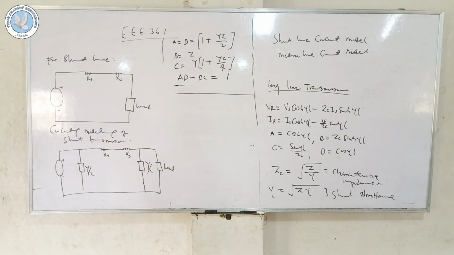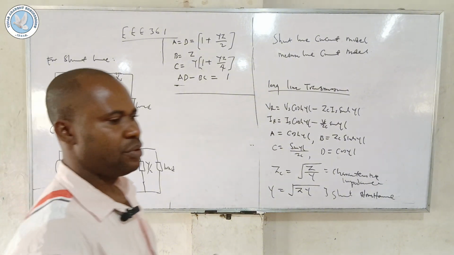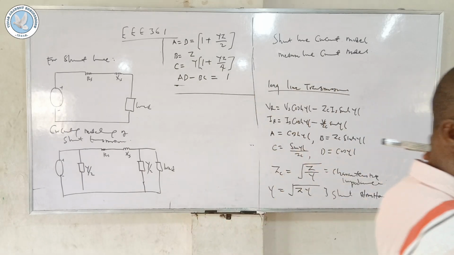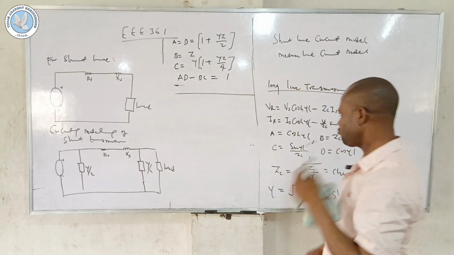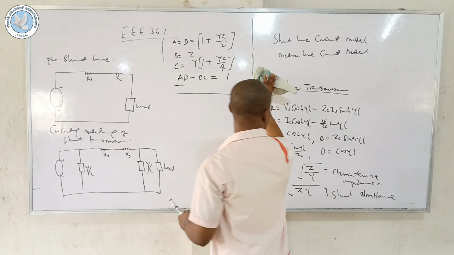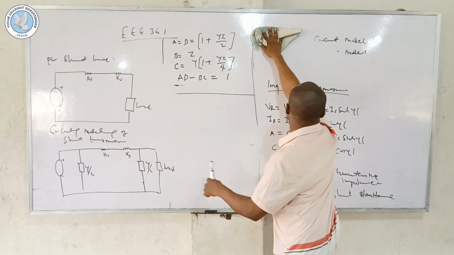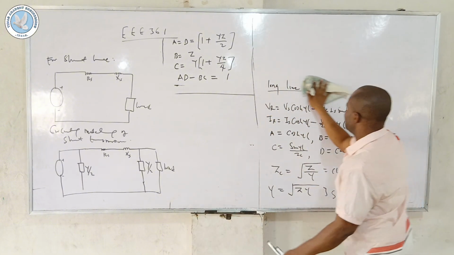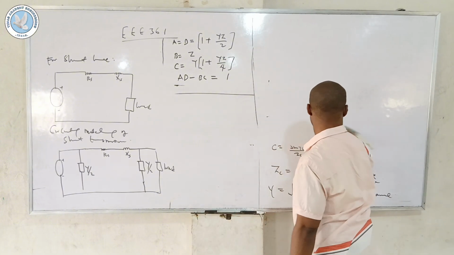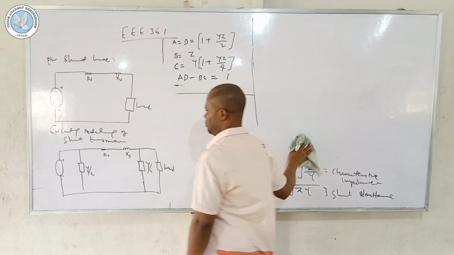The next one we want to look at is another form. We have what we call the sending. You have something like this, and we have this.